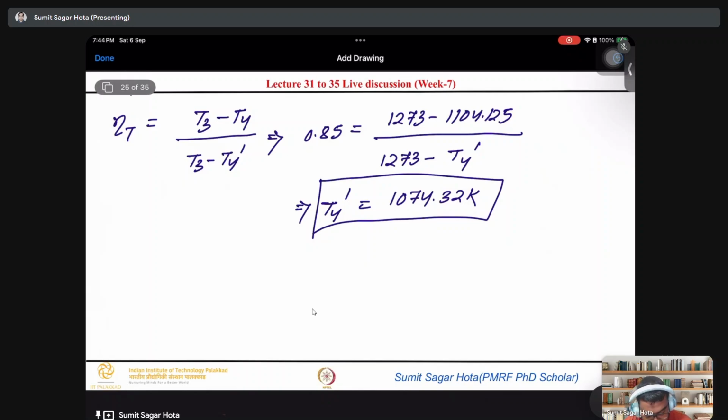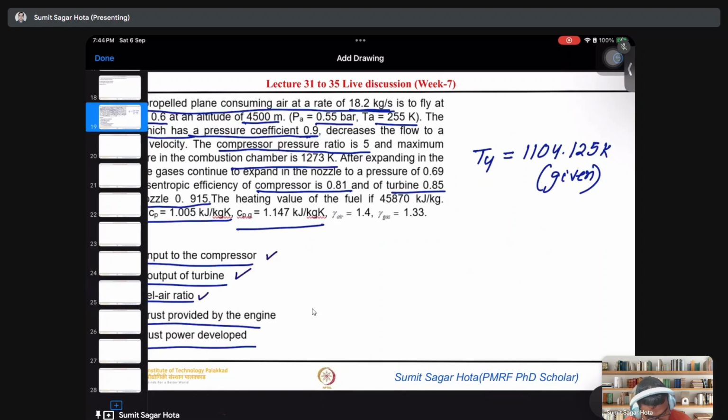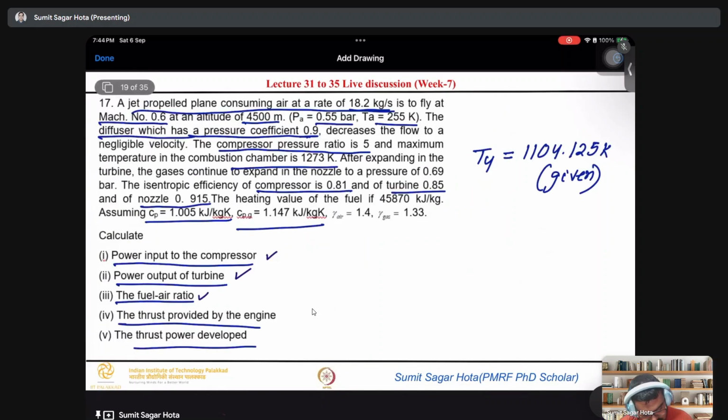The next thing we need to calculate is the thrust provided by the engine and the thrust power developed, the thrust power and the thrust force. We know very well the thrust power will be the thrust force into the inlet velocity Vi.